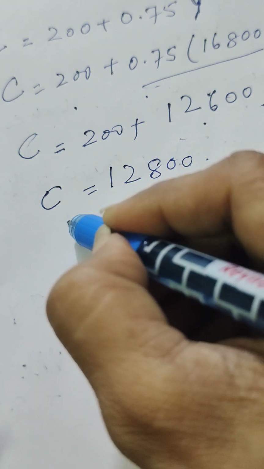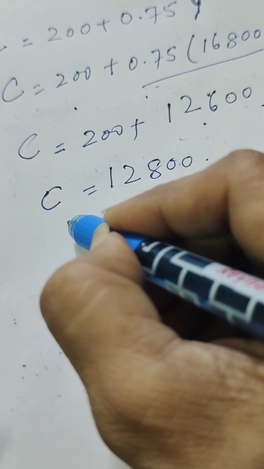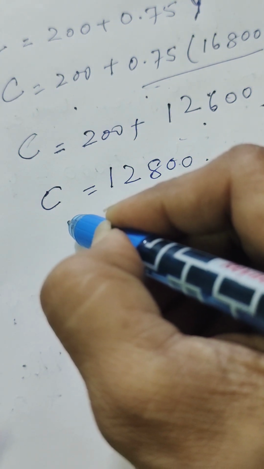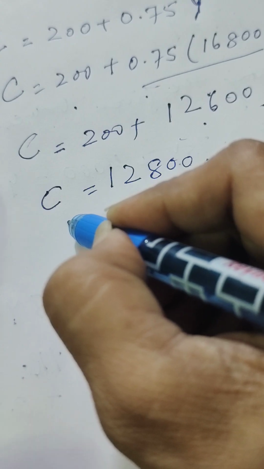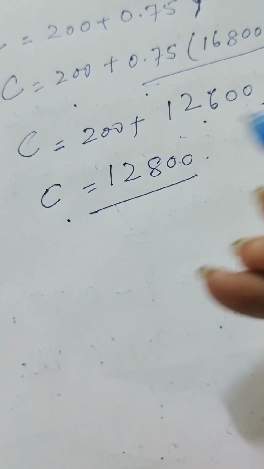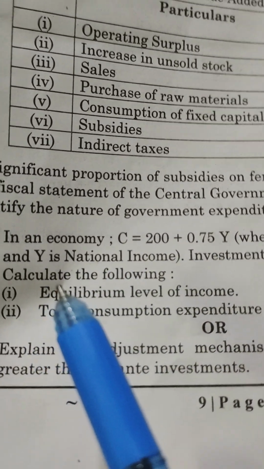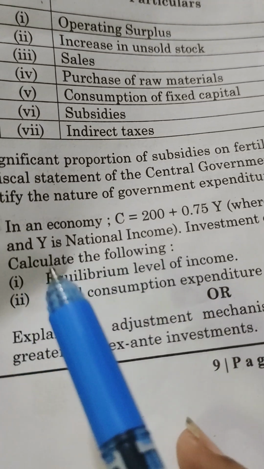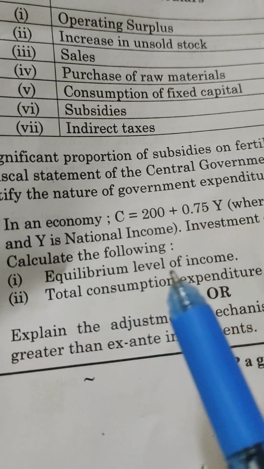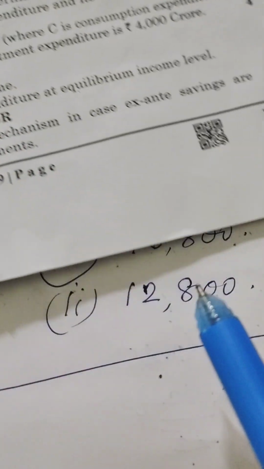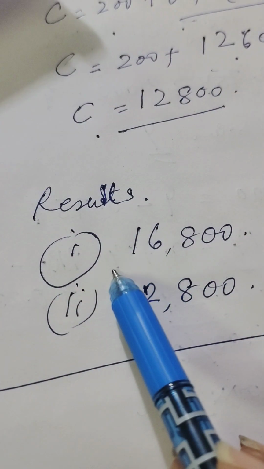So this is your consumption expenditure at equilibrium level of income, right? So the results that we had to find out: we had to calculate the equilibrium level of income. So what did we work that out to be?